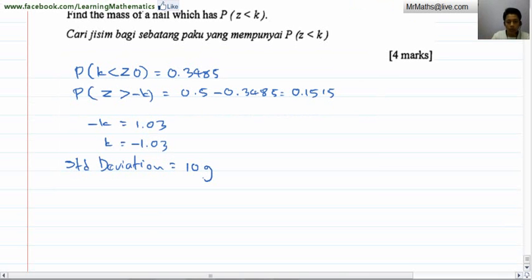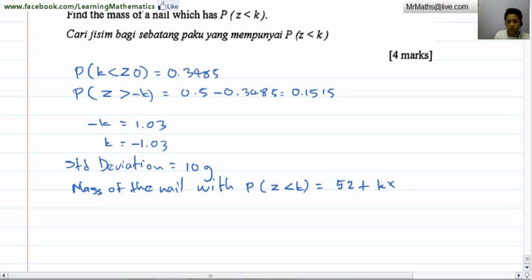Then if you want to find the mass of the nails with P(Z less than k), that equals 52 plus k times the standard deviation, k sigma.